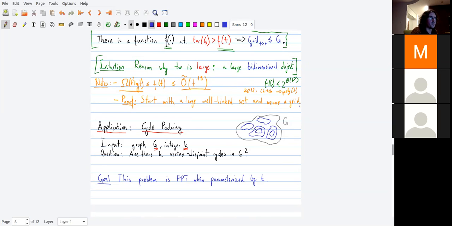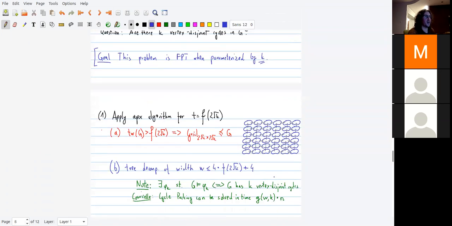Vertex disjoint in the sense that they cannot share any vertex. So now my goal is to prove to you in 3 lines that this problem is fixed parameter tractable when parameterized by k, using the grid minor theorem.